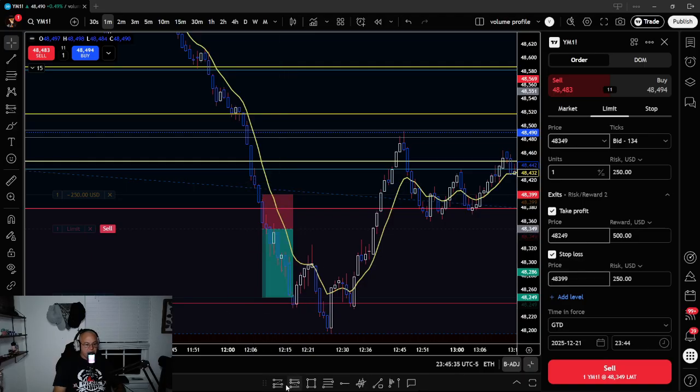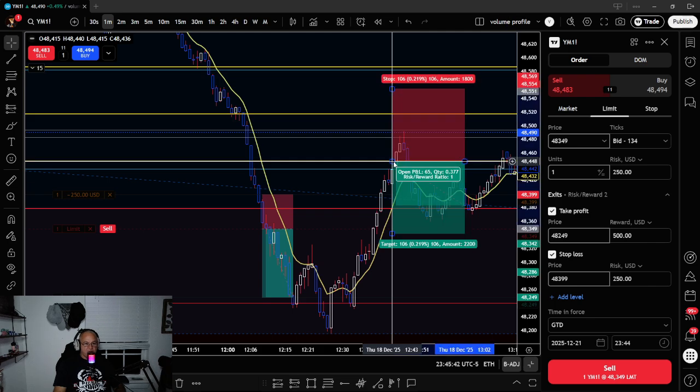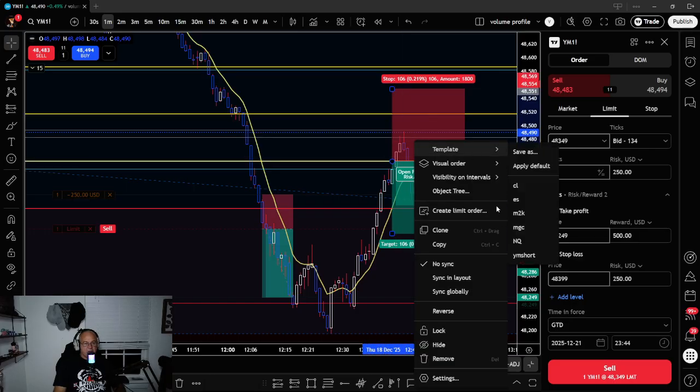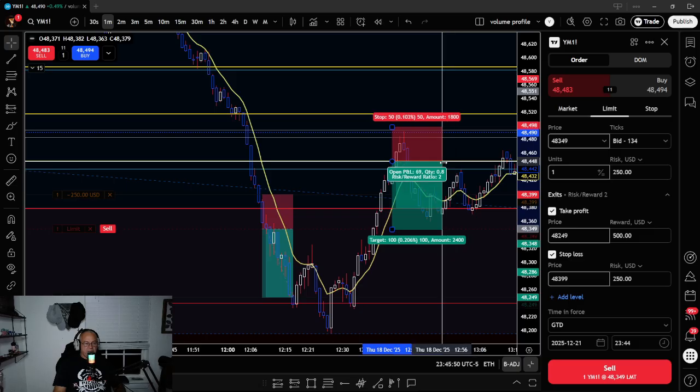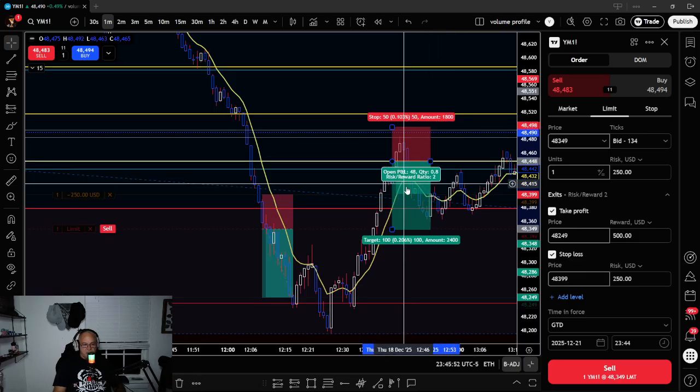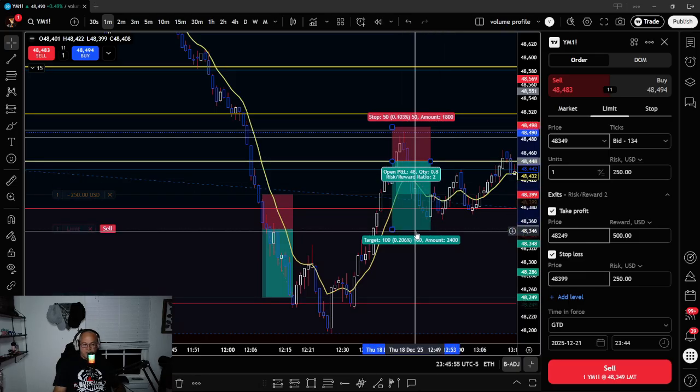After this trade, we do get our pullback. I could enter again at the 25%, use my YM short, and I wouldn't get stopped out, and I also wouldn't hit full target.